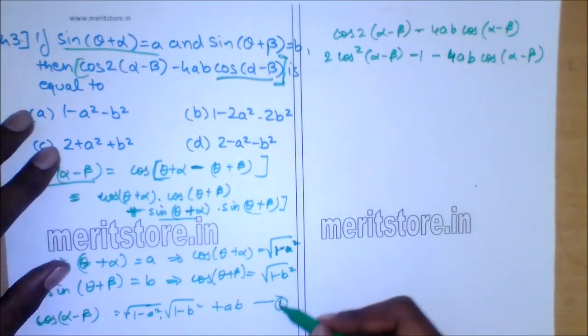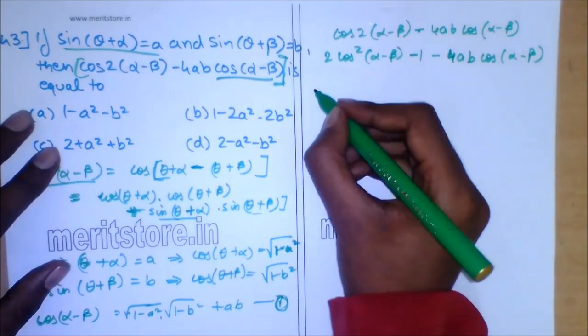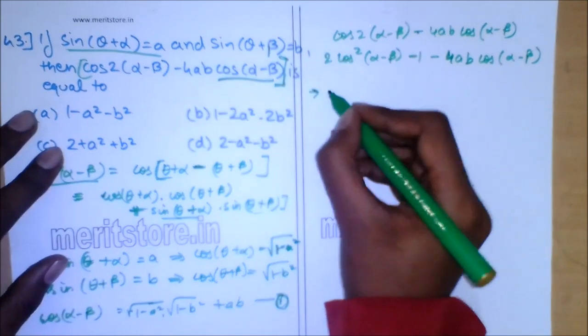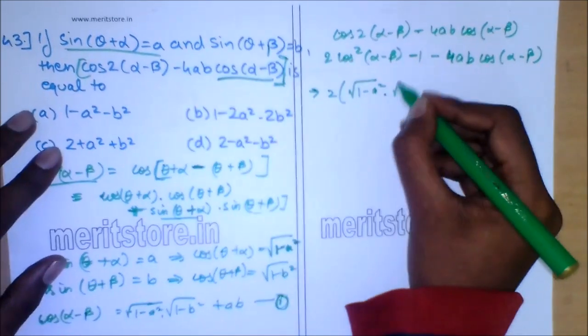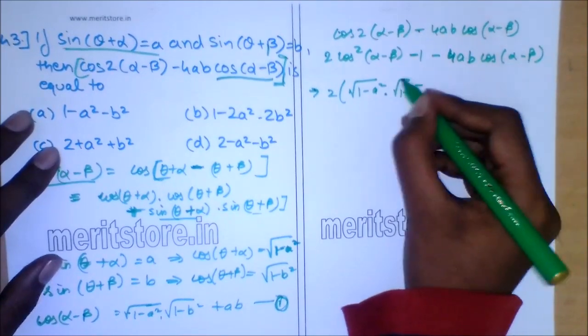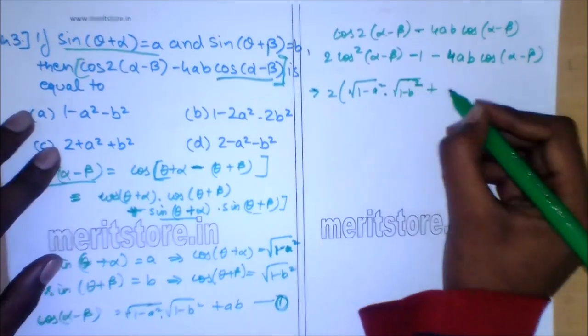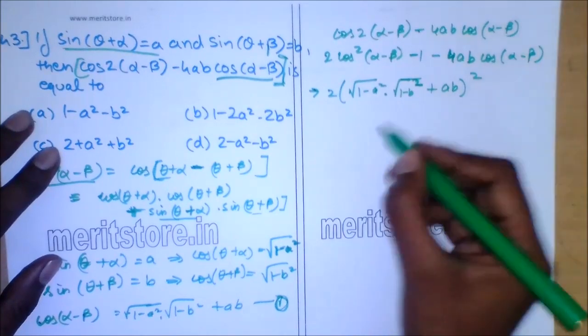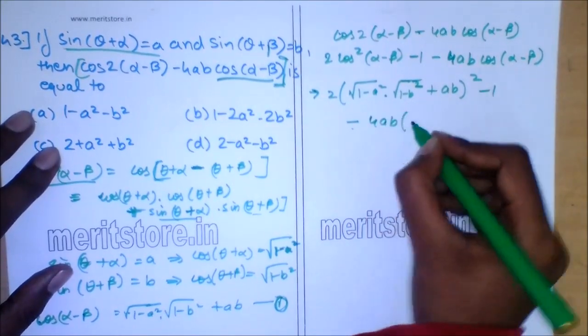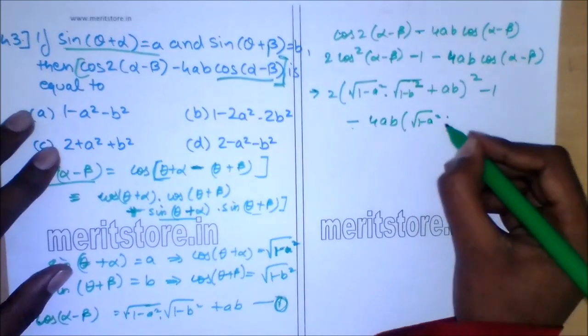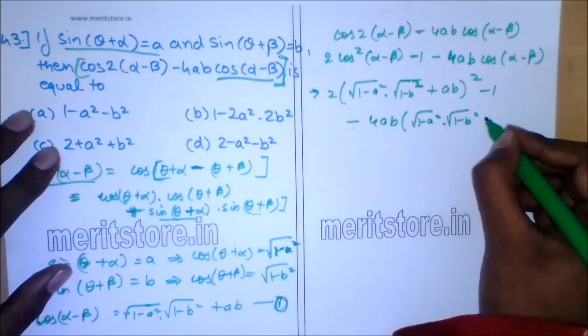Now we substitute the values in equation 1. So we get 2 times root of 1 minus a square root of 1 minus b square plus ab the whole square minus 1 minus 4ab into root of 1 minus a square into root of 1 minus b square plus ab.